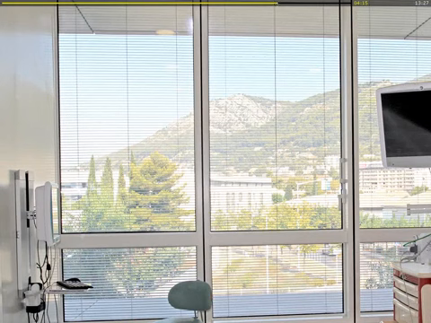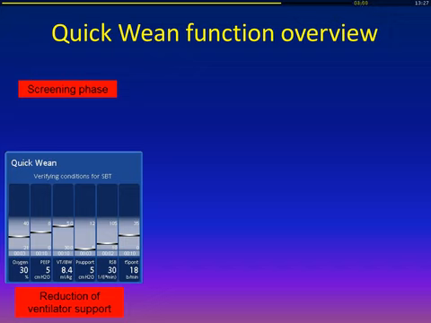So now the patient is waking up, so at this point of time, we should activate the quick wean. So we activate quick wean. Quick wean function is an automatic protocol implemented in the mode to help the clinician for weaning. So it uses a 3-steps approach.